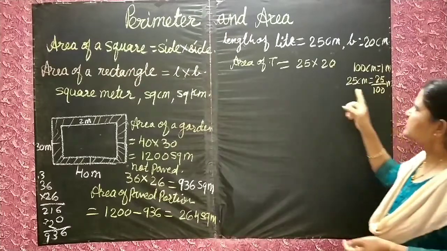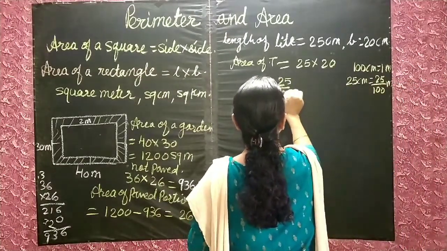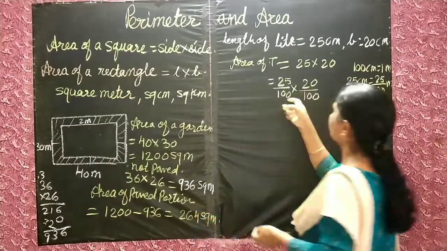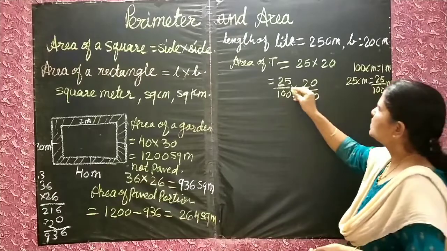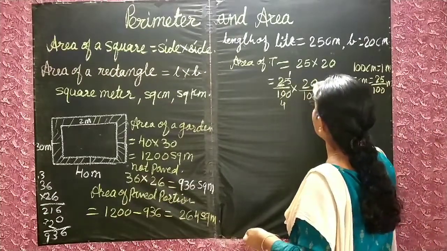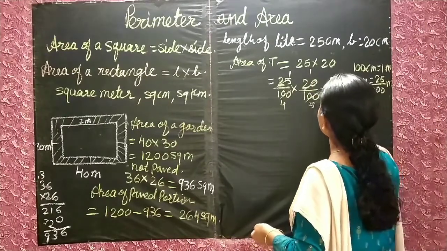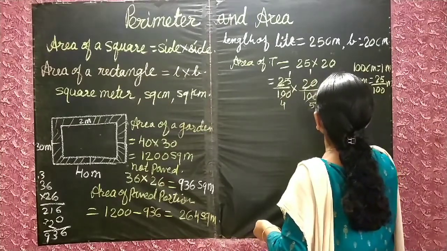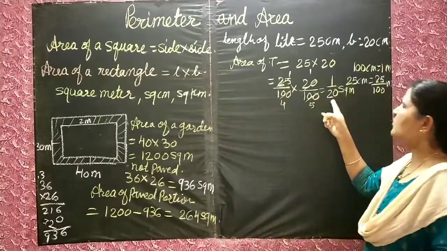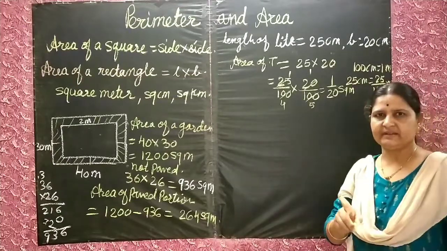So instead of writing 25, what will we write? 25 upon 100 multiplied by 20 upon 100. So 25 ones are 25, 25 fours are 100, 20 ones are 20, so it is 1 upon 20 square meter. 1 upon 20 square meter is the area of one tile.